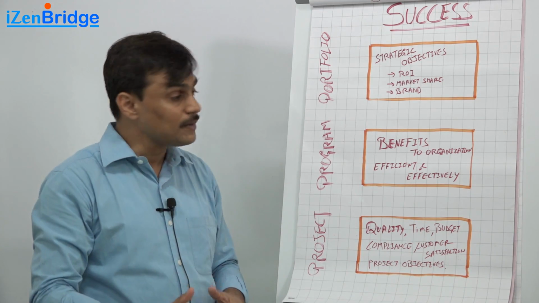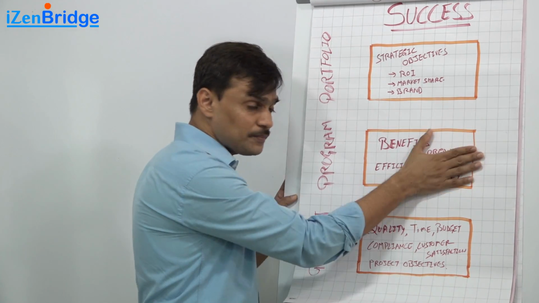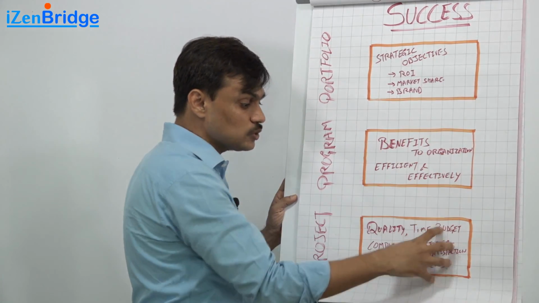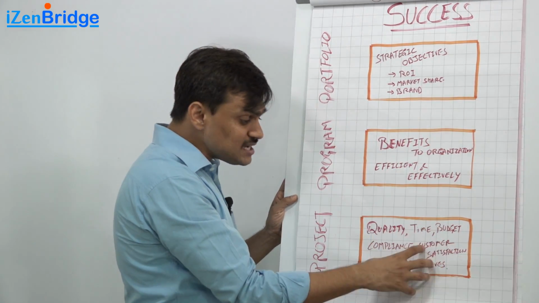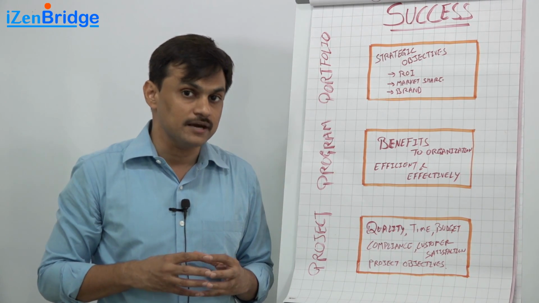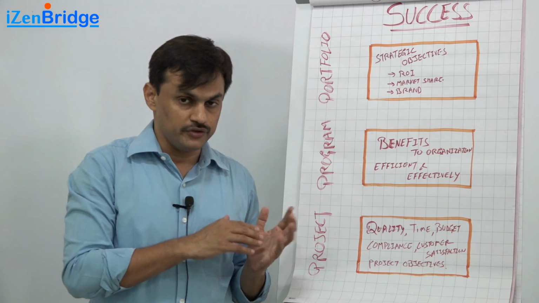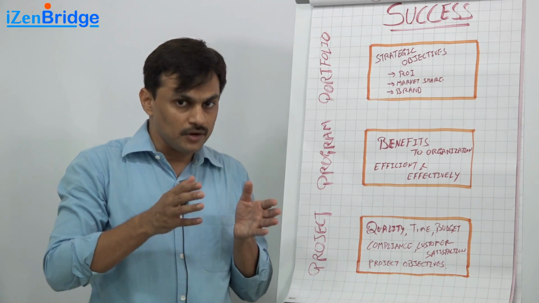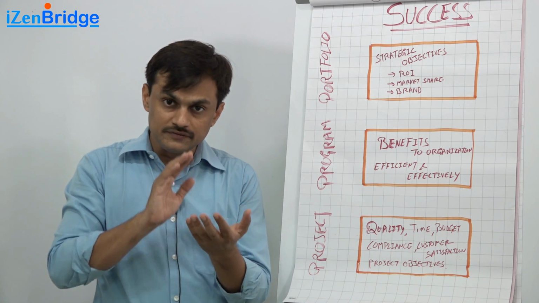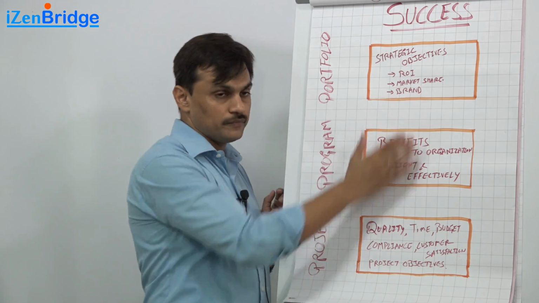And you do keep in mind that there could be a case where you don't have a program, you directly deal with the project. And when you don't have a program, this success goes at a project level. So project success also comes in how efficiently the project is able to meet project objectives and how efficiently the project management team could align the project scopes, project deliverables with the project objectives.